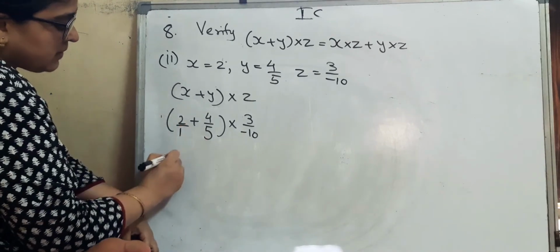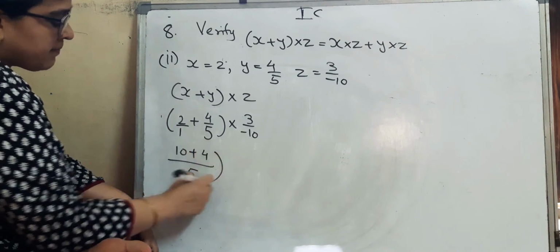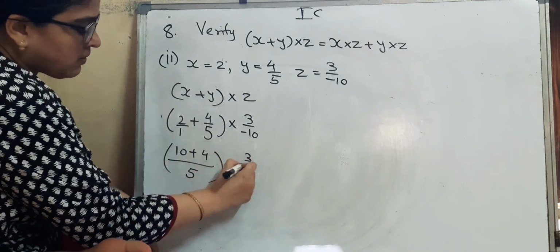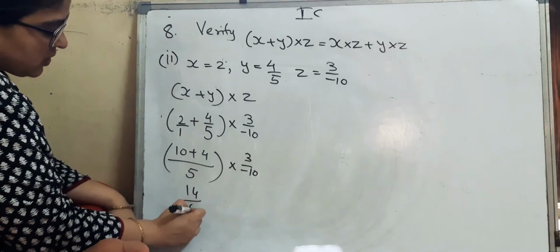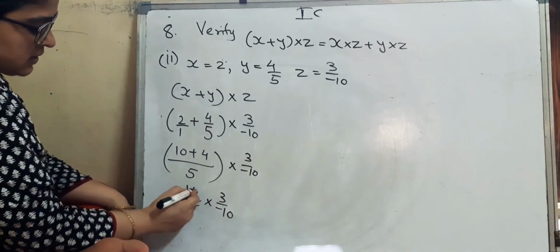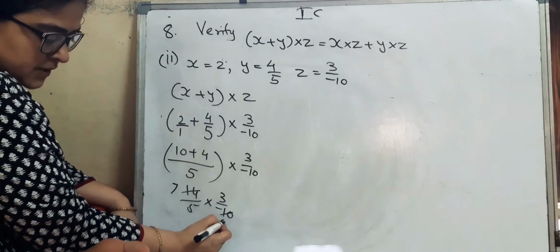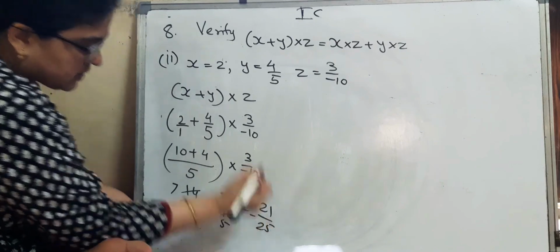So LCM is 5, 10 plus 4 into 3 upon minus 10. 10 plus 4, 14. 14 upon 5 into 3 upon minus 10. Then cutting 7 to the 5, so 21 upon 25 minus, right?